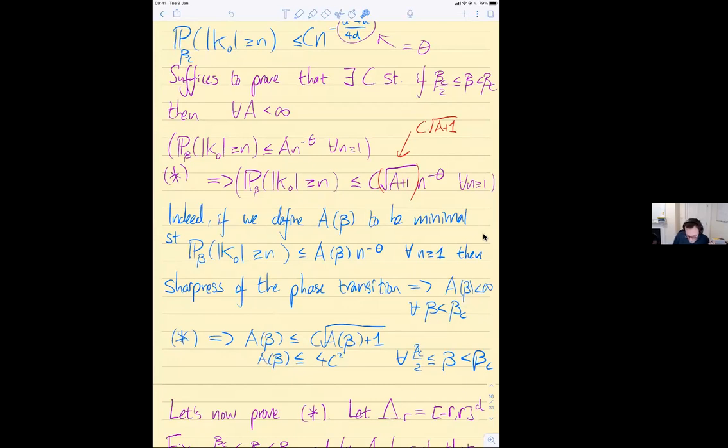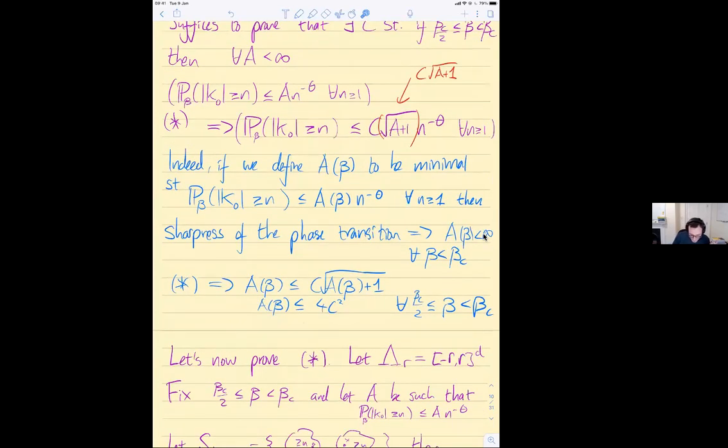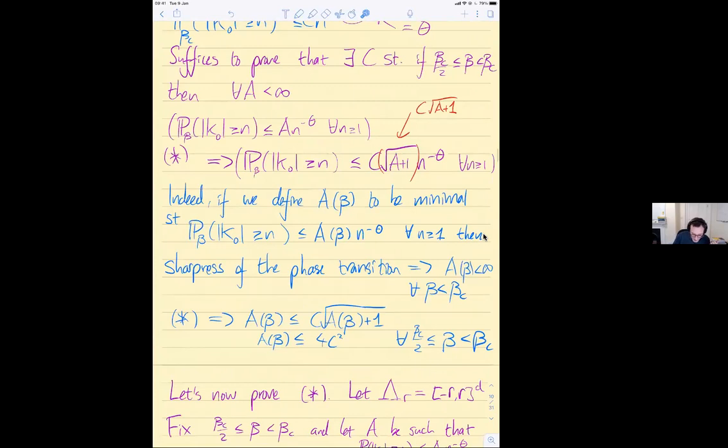If we apply this implication, what we learn is that A of beta is bounded by c times the square root of itself plus 1. Because when beta is smaller than beta c this is finite, we can safely rearrange this inequality.